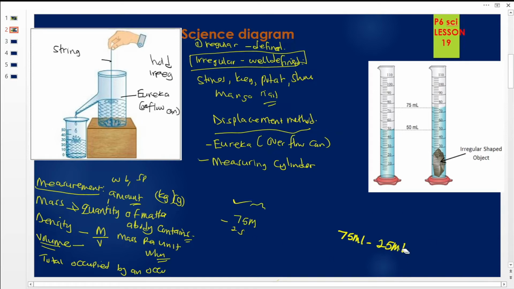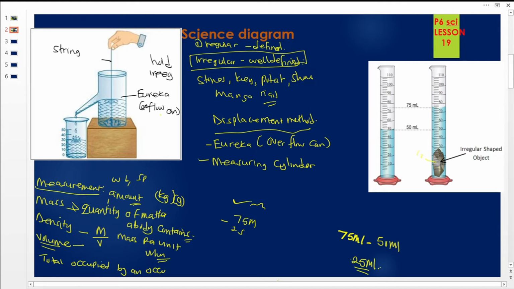The first level was 50. Let us rub this. So 50 milliliters. The difference is going to be 25 milliliters. So this makes our volume 25 milliliters for the water which was displaced by this irregular object.